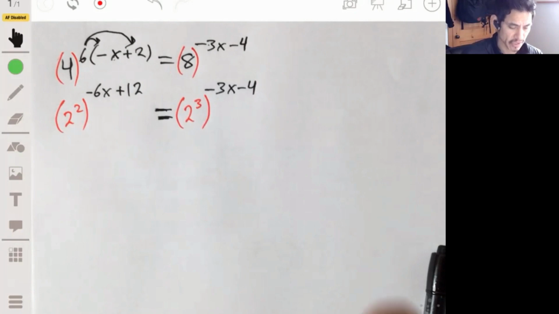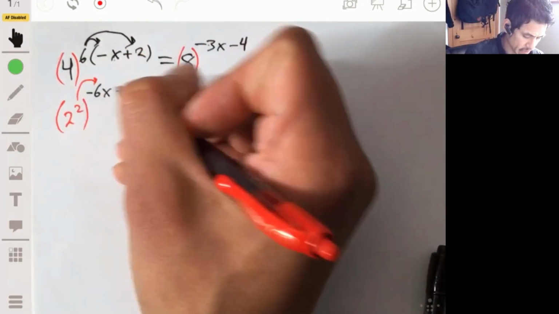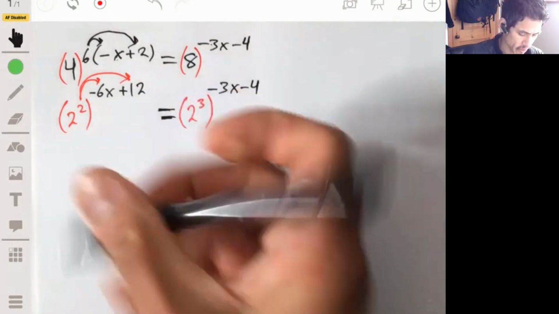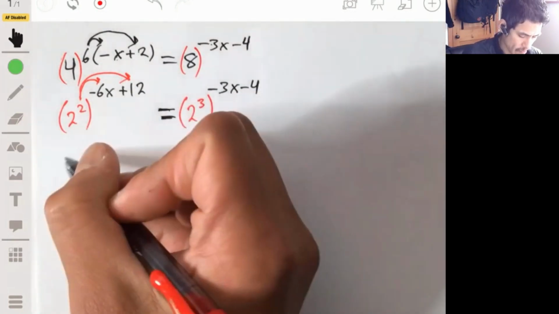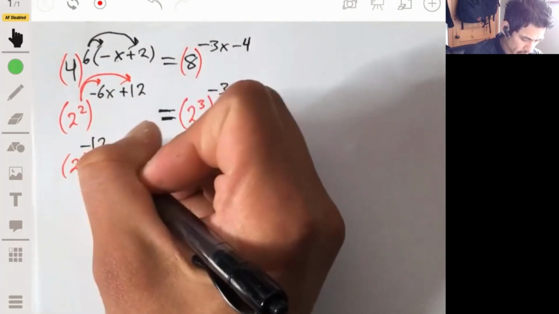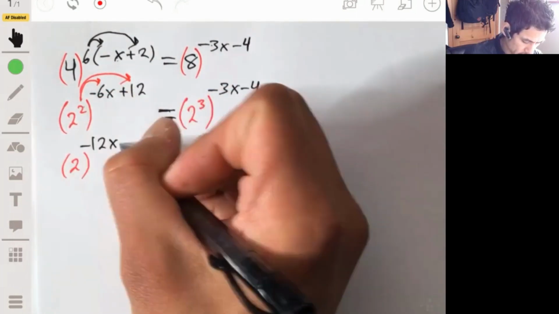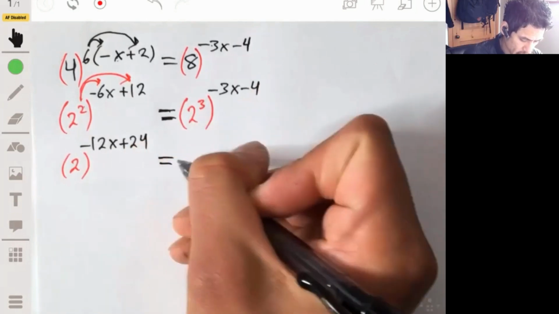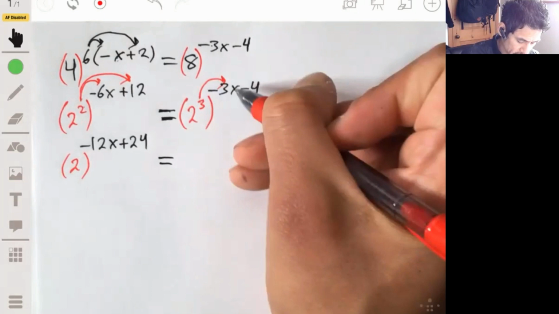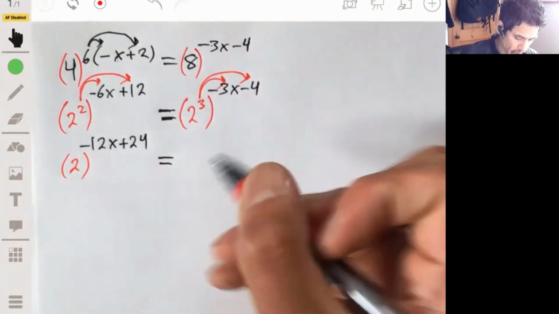And now we have to make sure we distribute this 2 to the negative 6x and the 12. So we're going to have 2 raised to the negative 12x plus 24 being equal to, here we have to distribute the 3 to the negative 3x and the negative 4.